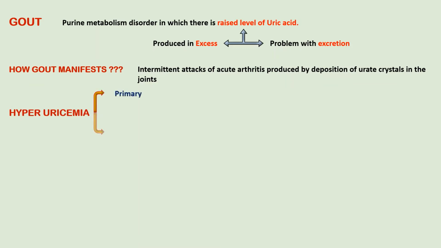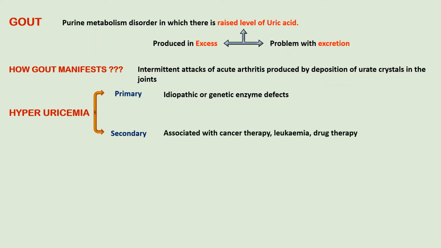First one is the primary and the other is the secondary type. This primary type can be idiopathic, that is of no exact cause, or it can be genetic enzyme defects. The secondary hyperuricemia can be associated with cancer therapy, which, due to the cytotoxicity, leads to the formation of increased uric acid due to the cell degradation and DNA degradation.